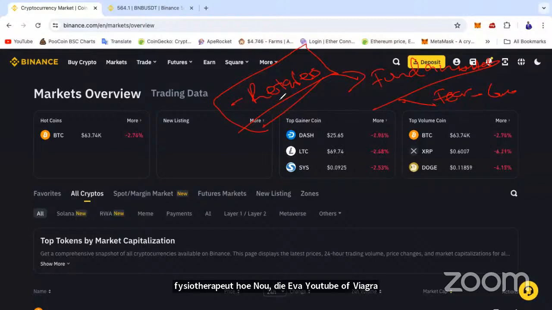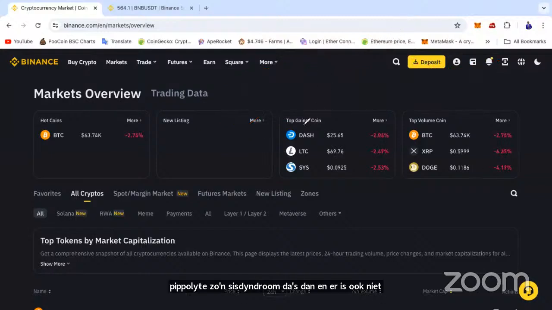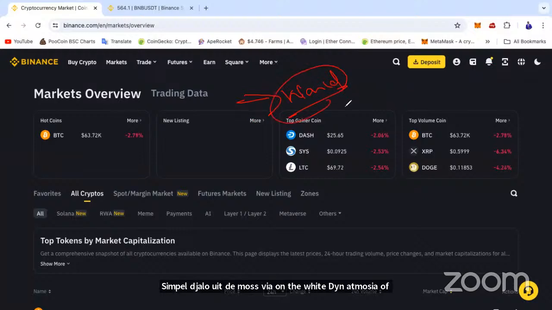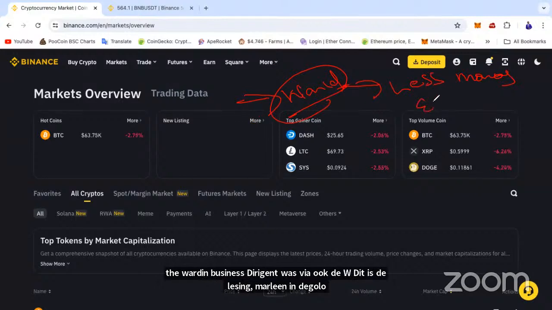So since these retailers are not yet in the market, the reason is simple: the general atmosphere of the world in business, there is less money in the economy.